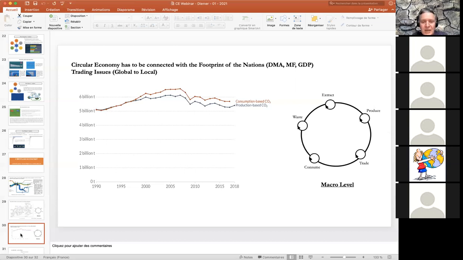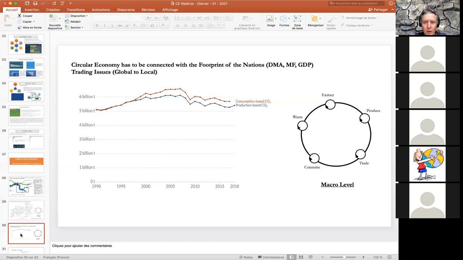If you just check this curve, it's not from Europe, it's from USA, because it's interesting to compare. You can see that production creates CO2 emissions, but the way we consume creates more CO2 emissions because we involve importation and exportation.